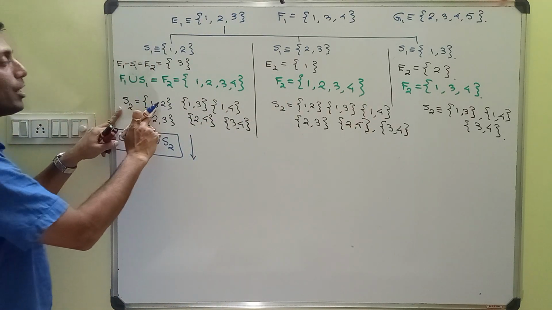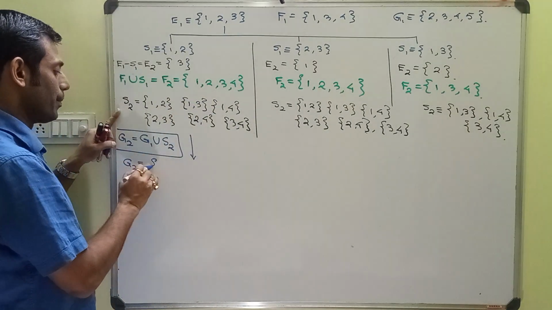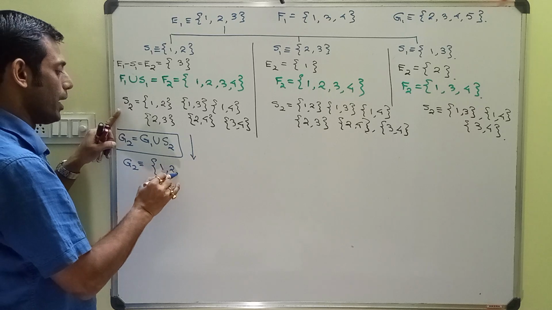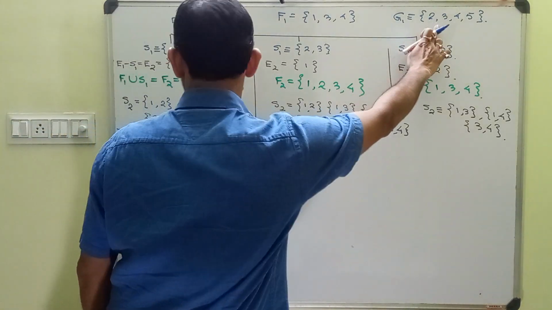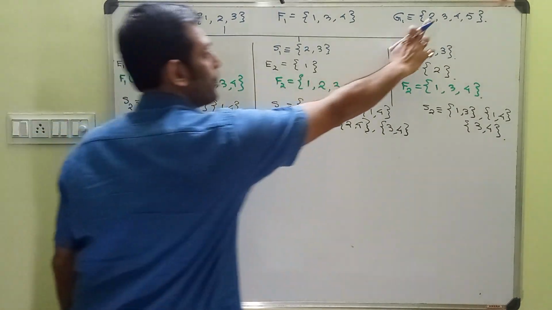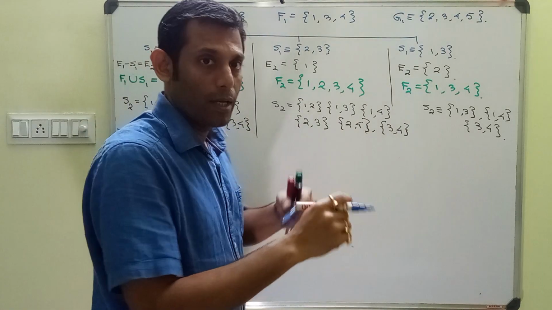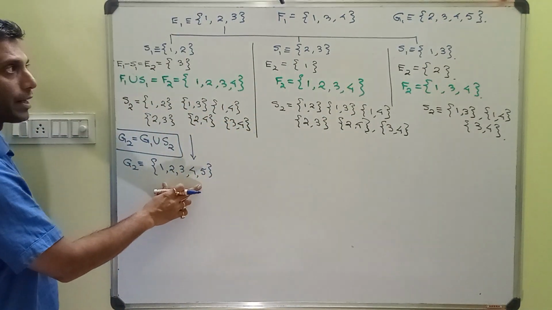That means the sets which carry 1, 1 and 1 can form a possible set as 1, 2, 3, 4 and 5. Observe G1 union S2. The 1s will be unioned with the elements 2, 3, 4, 5, creating this.